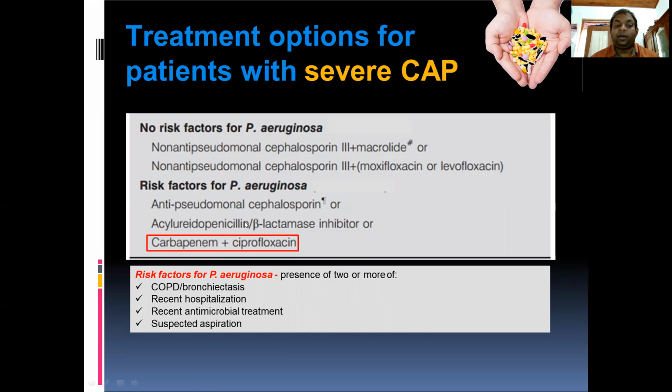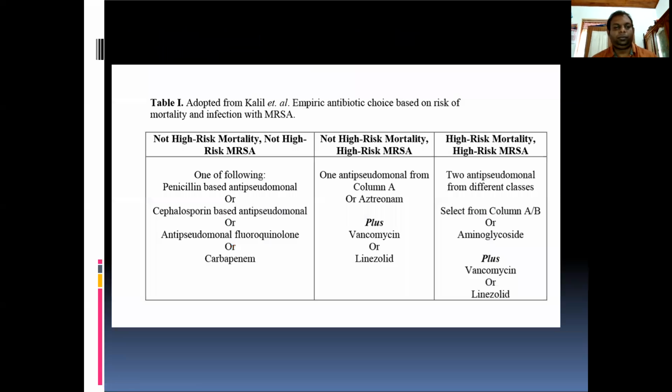The risk of Pseudomonas aeruginosa is less in Sri Lanka, but if the patient has had recent admissions and we can't exclude hospital-acquired pneumonia, we often give a carbapenem with ciprofloxacin. The risk factors are COPD, bronchiectasis, recent hospitalization, recent antimicrobial therapy, and suspected aspiration. Otherwise, we don't want to give anti-pseudomonal antibiotics for pneumonia.